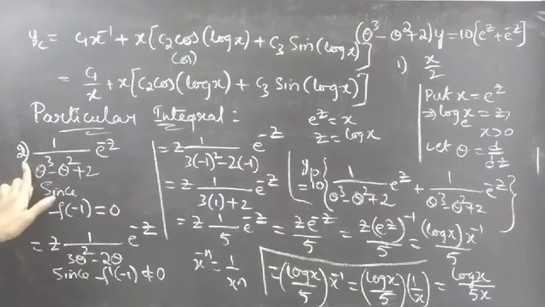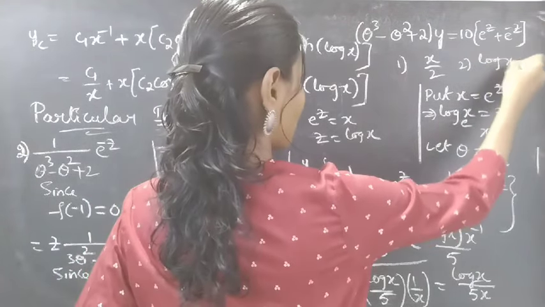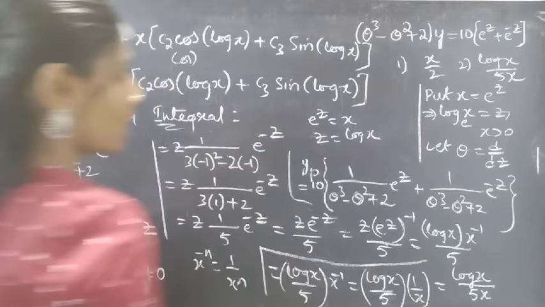So the result obtained from the second one is log x by 5x.